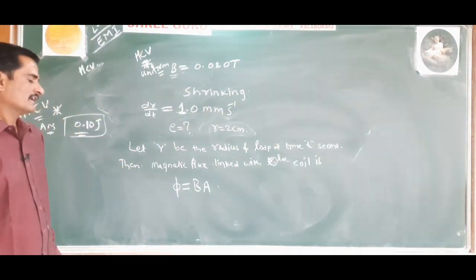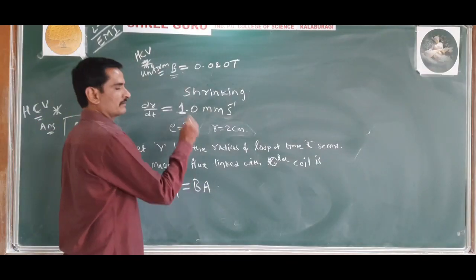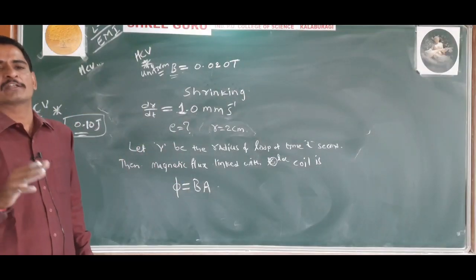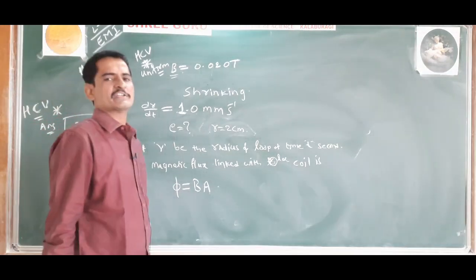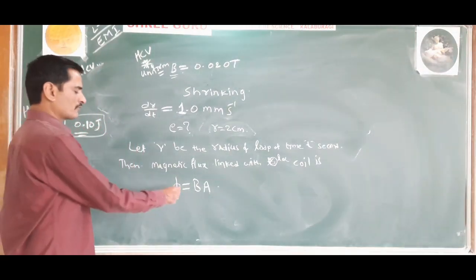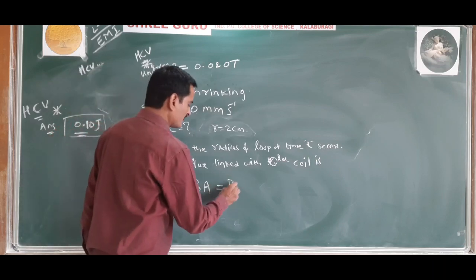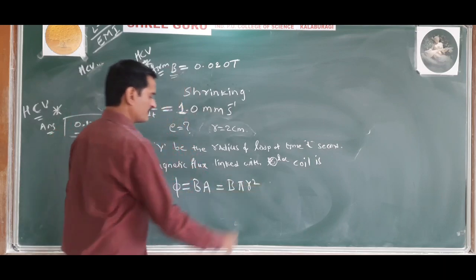The plane of the coil is perpendicular to the magnetic field, that means theta is equal to 0 degree. So therefore phi is equal to BA, and A, that is area, you can write as pi r square. So phi is B into pi r square.